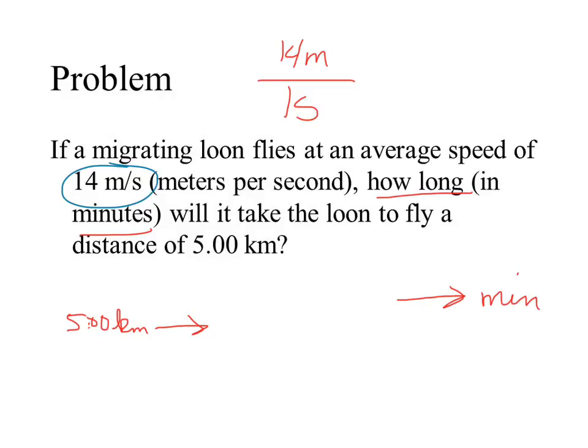Notice I have kilometers, but I could get to seconds from meters. But I need to get kilometers to meters first. Then use that to get to seconds, and then I've got one more thing to get from seconds to minutes. That's the approach you see right here.